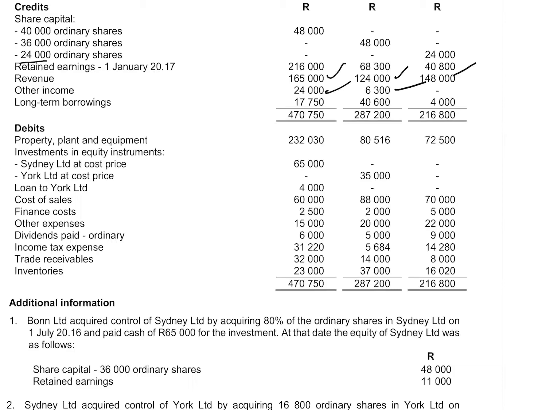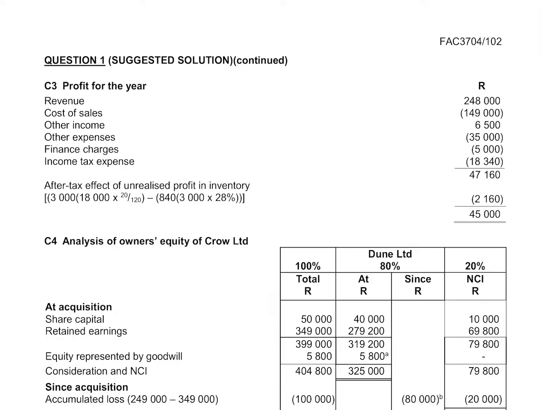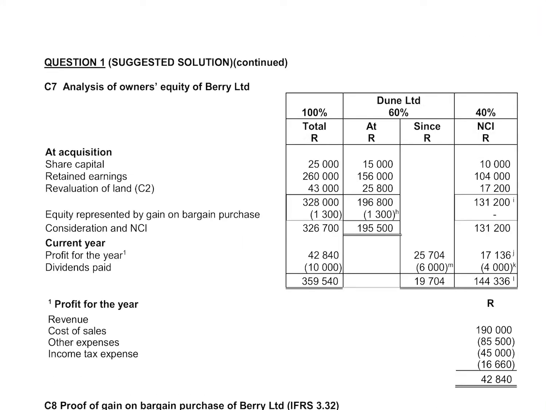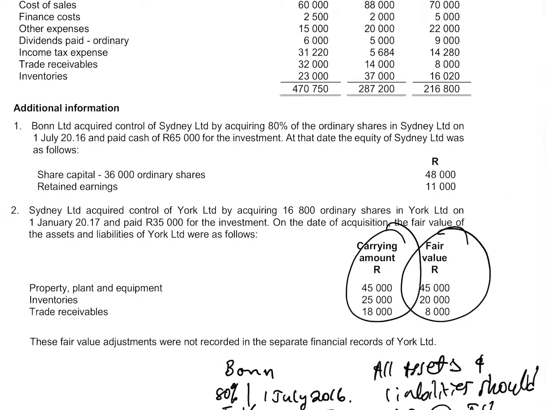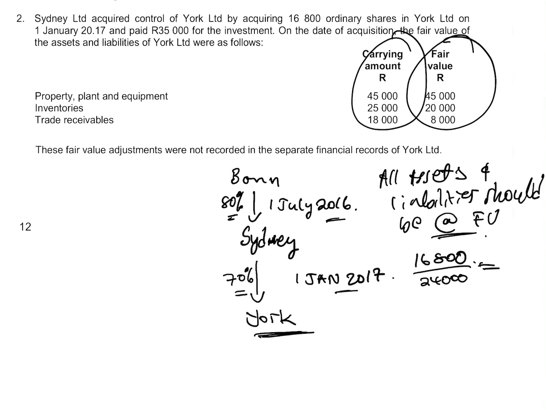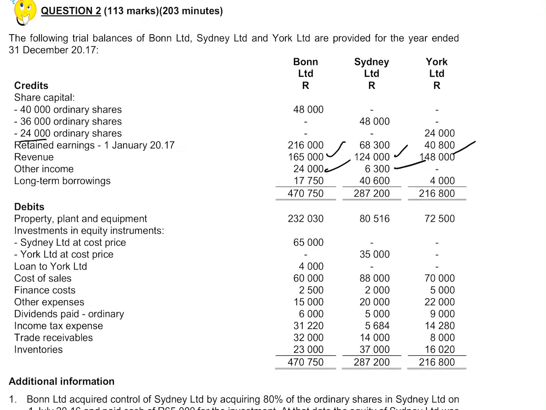And remember, we said this is a vertical group. So if it is a vertical group, what it means is that we are going to start by analyzing York Limited, which is a subsidiary.